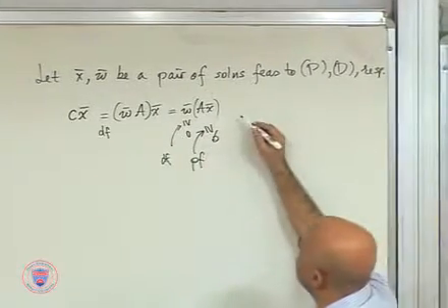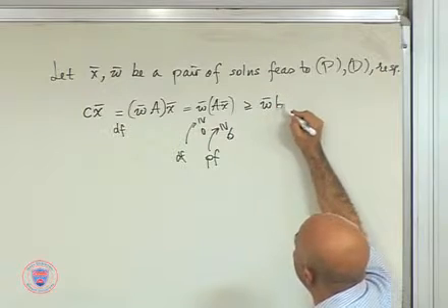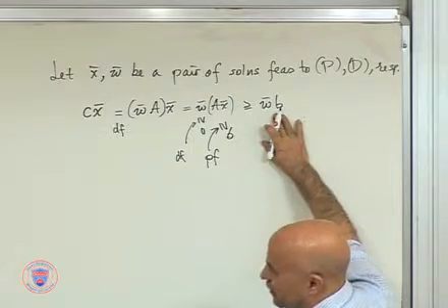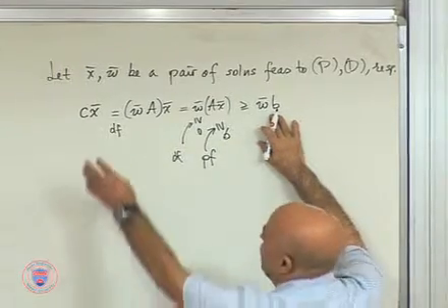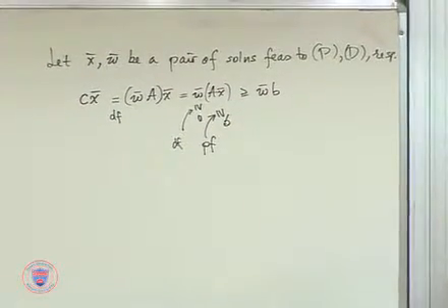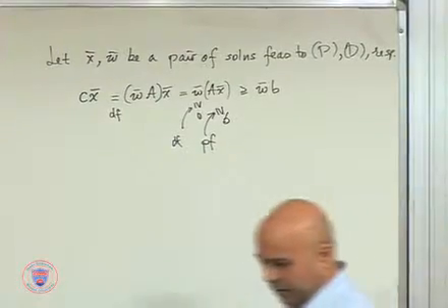Because of these, this is greater than or equal to w bar times b. And that is the end of your proof. You just showed it. It's a lower bound. Did I do it right? The minimization objective value is bounded below by the maximization's objective value. Of course, you can work that out for other cases as well.